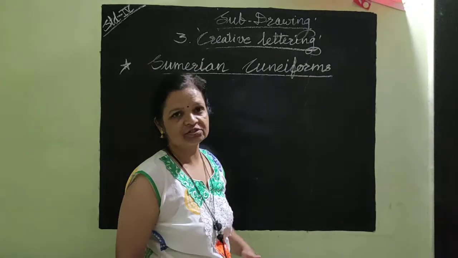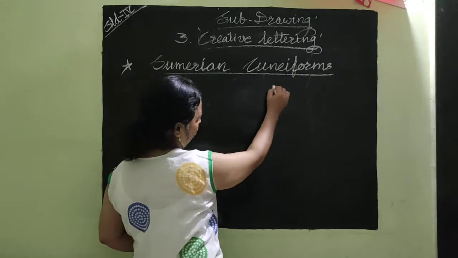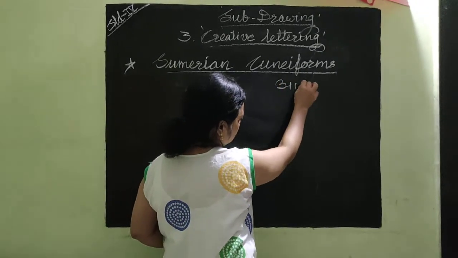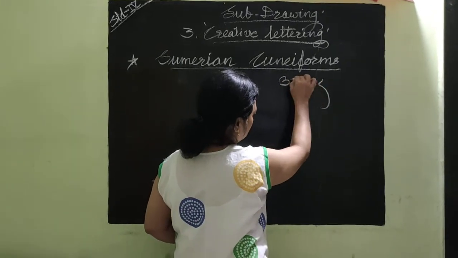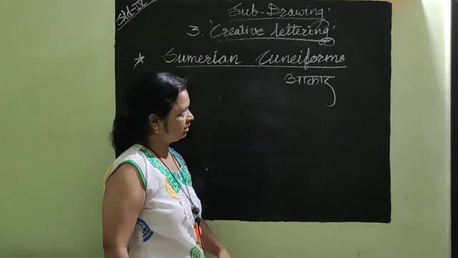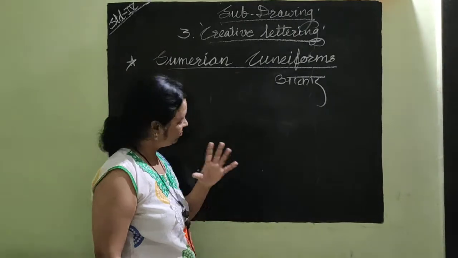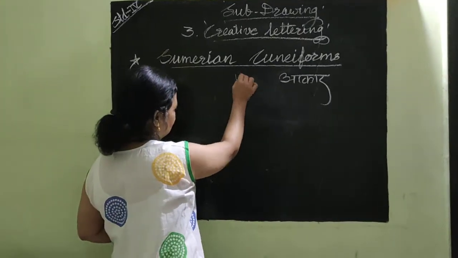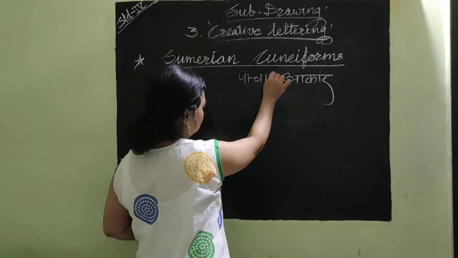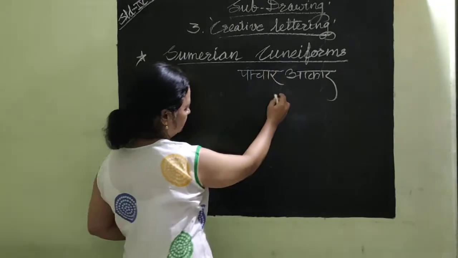These are all forms. Forms means in Marathi we called as akar, and kani means how this form look like. So in Marathi, like this.